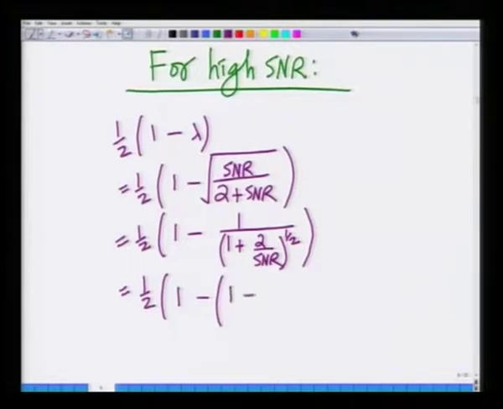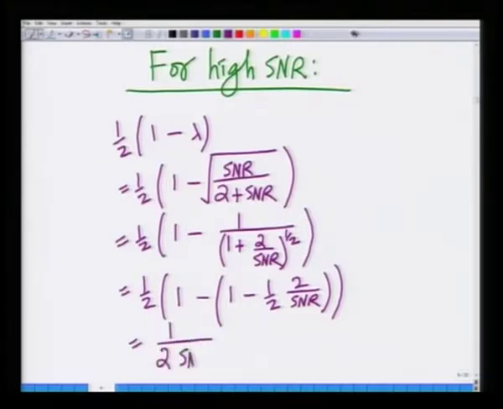The ones cancel, 1 minus 1, so the net becomes 1 over 2 SNR.